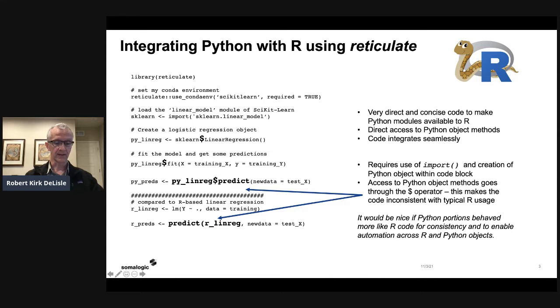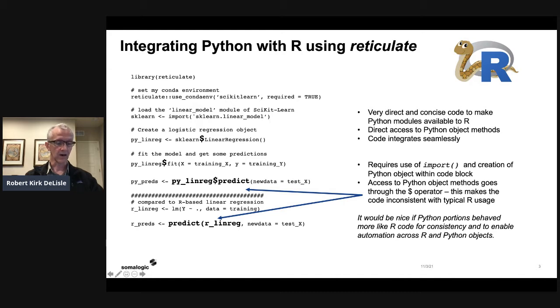In a standard Python programming approach using the $ operator, I would have an object here, for example, pylinreg. To call the predict function, I use the $ operator to access the predict function from that underlying Python-based object.